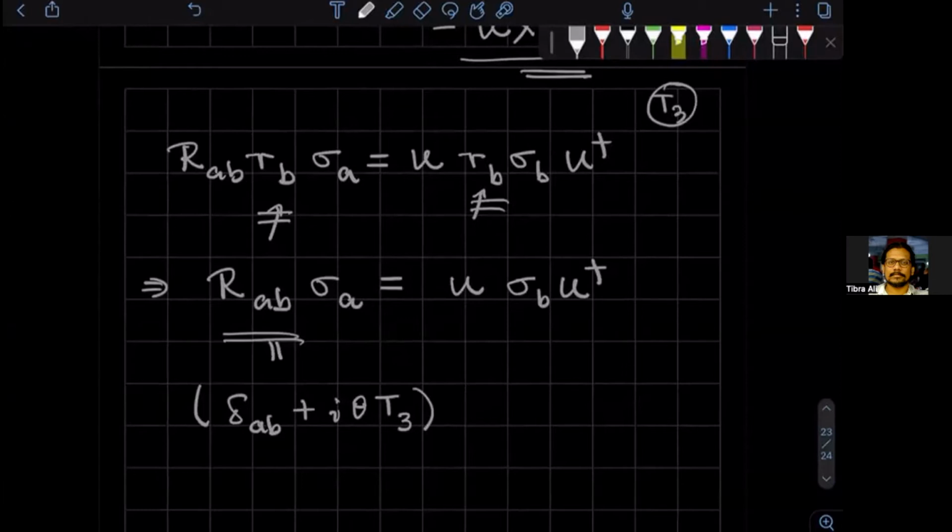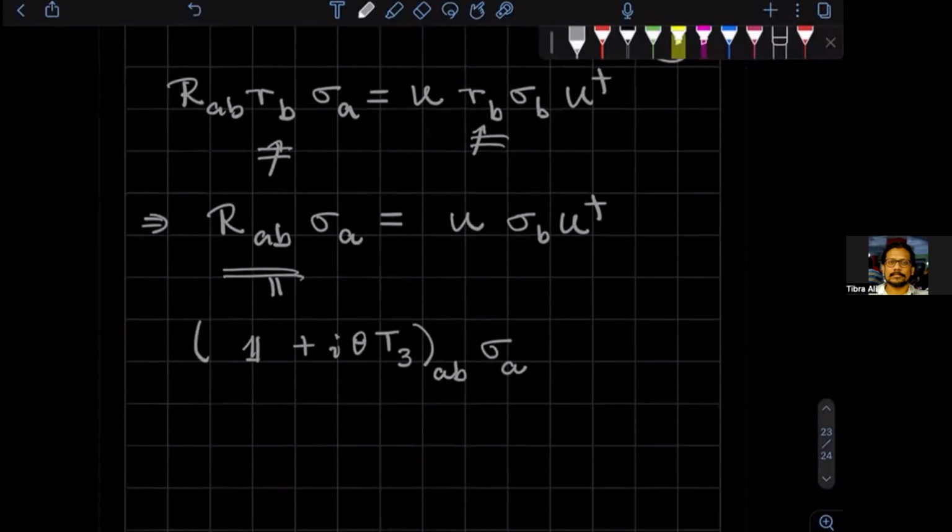Instead of writing δ, I'm writing the identity matrix. This whole thing is a matrix, so I'm going to put the index AB here, and that multiplies the Pauli matrix σ_A. So this is the left-hand side. For the right-hand side, I'm going to assume that we are going to only express this to linear order in θ.